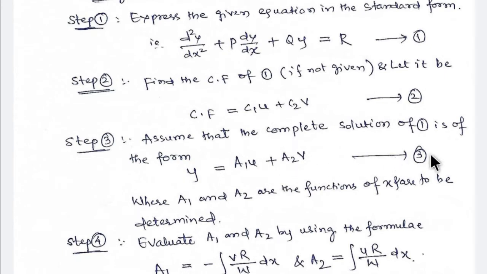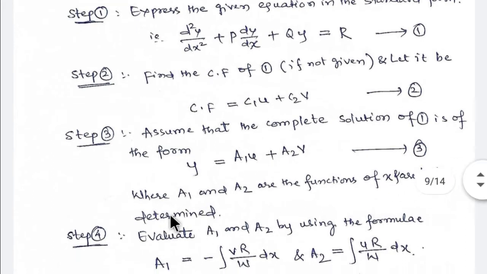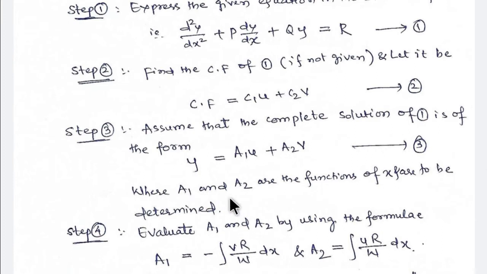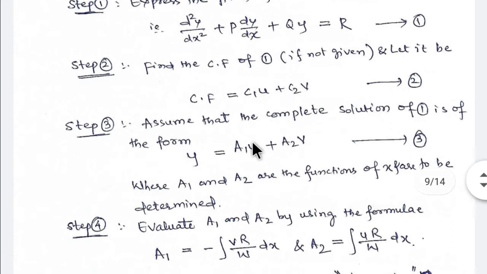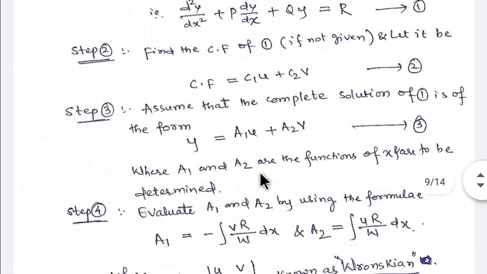This is equation 3, where a1 and a2 are functions of x and are to be determined, but C1 and C2 are arbitrary constants. You suppose that this is the complete solution of equation 1.